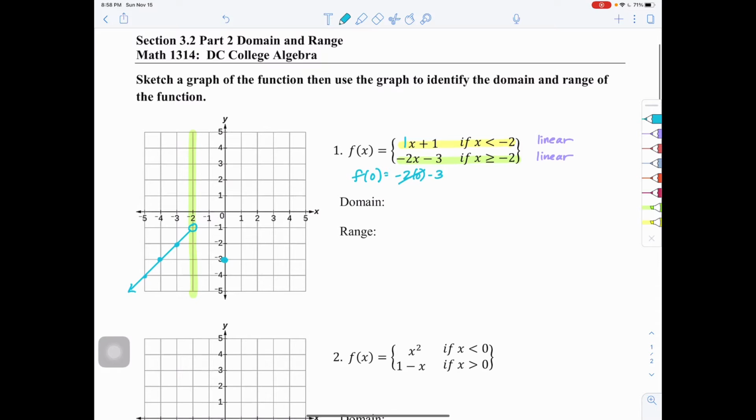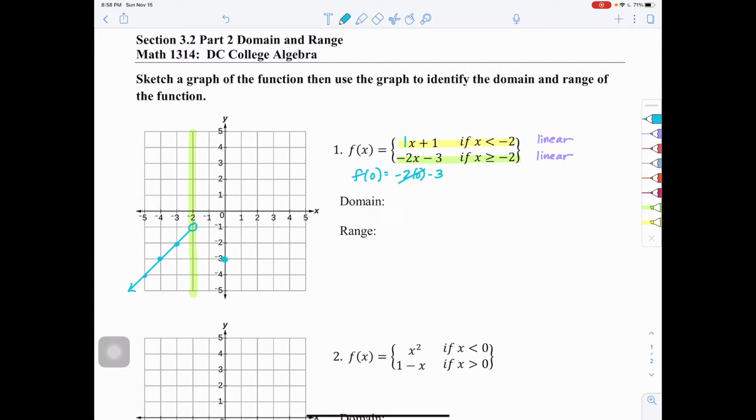And then we have a slope of -2. So it's down 2 over 1. Or you can also go up 2 and to the left 1, up 2 and to the left 1. And here we want to include that point.